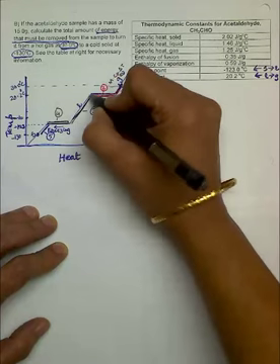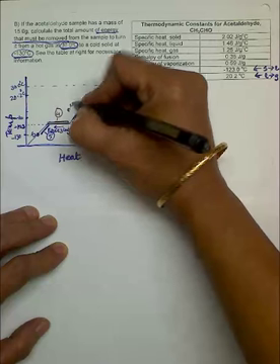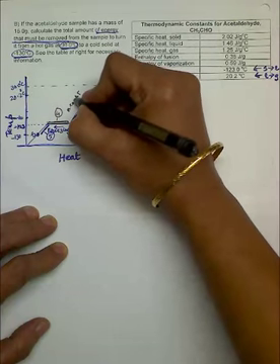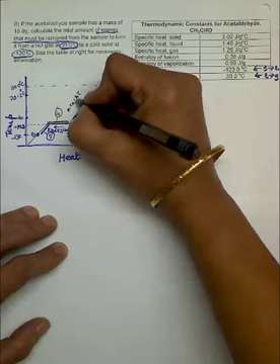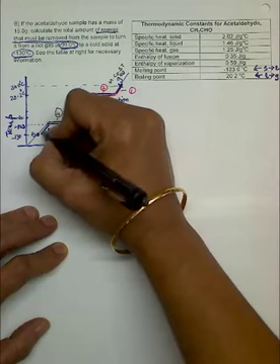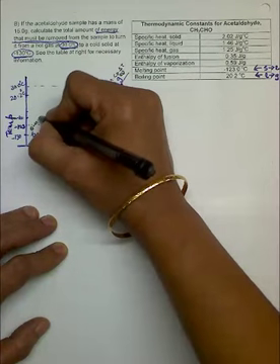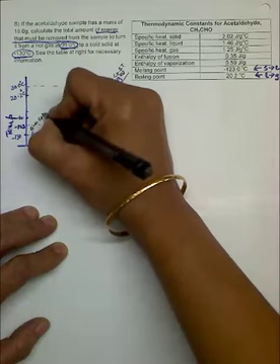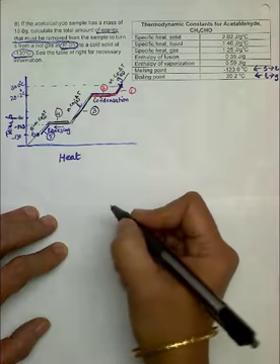When you come to the next slope, the equation is the same. It's mCp delta T, but now the substance is in the liquid phase, so you will choose the specific heat of the liquid. When you come down to the solid slope, again the equation is Q is equal to m times Cp times delta T, but now it's the specific heat of the solid.